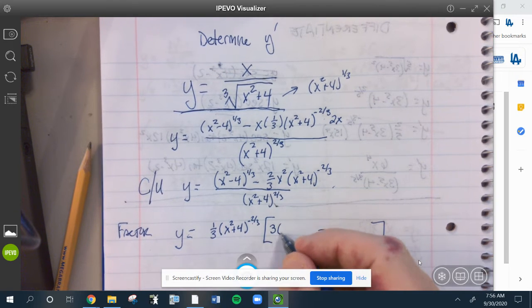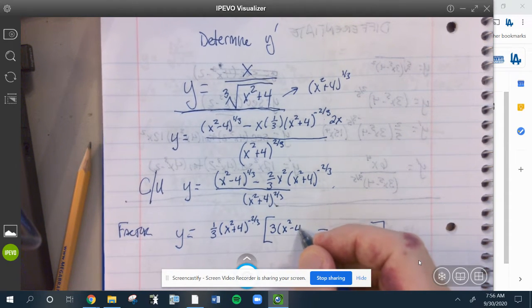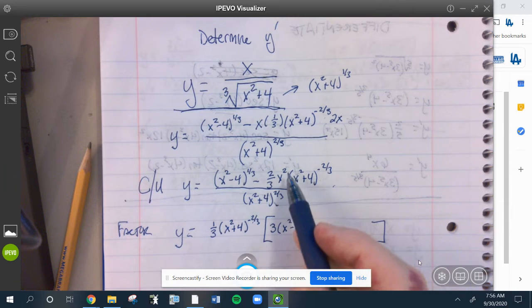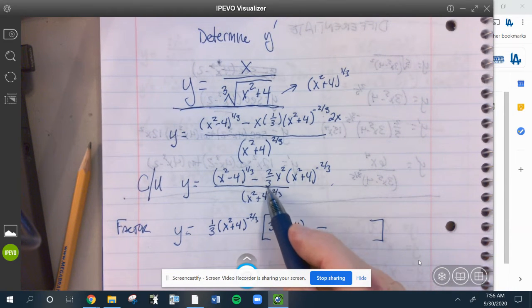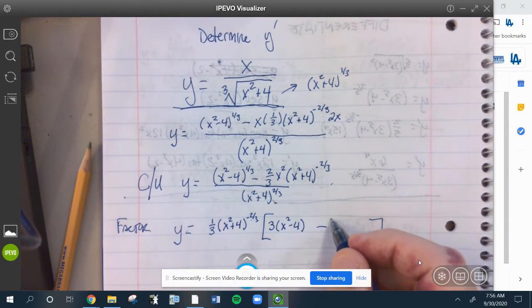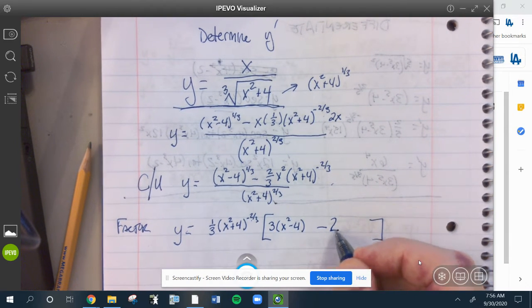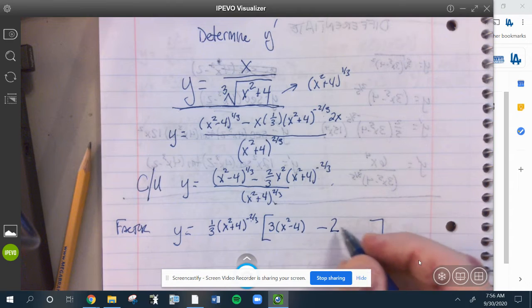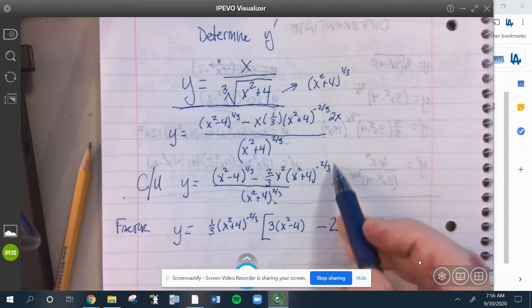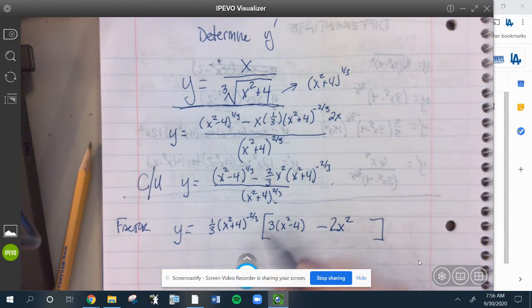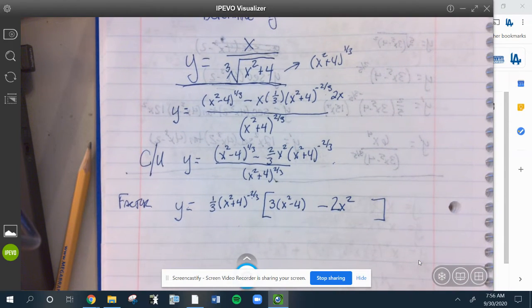So this is x squared plus 4 to the first. On this term, I factor out the 1/3 so that this 3 is gone. So I'm left with 2x squared. And then I factor out this entire x squared plus 4 to the negative 2/3. So that's the factoring.